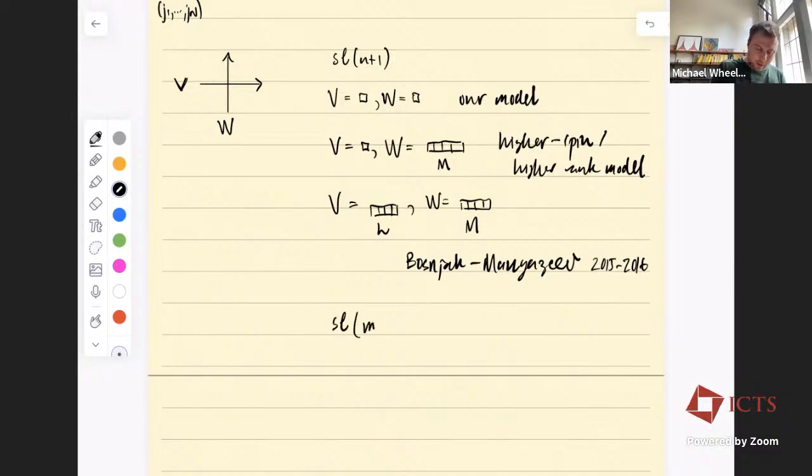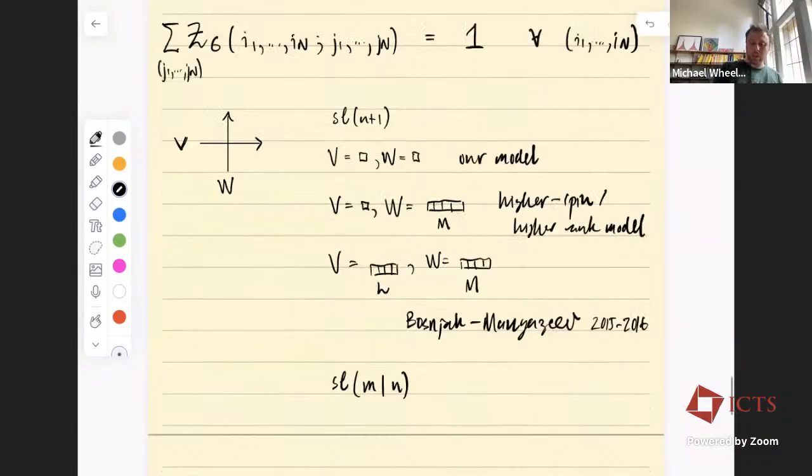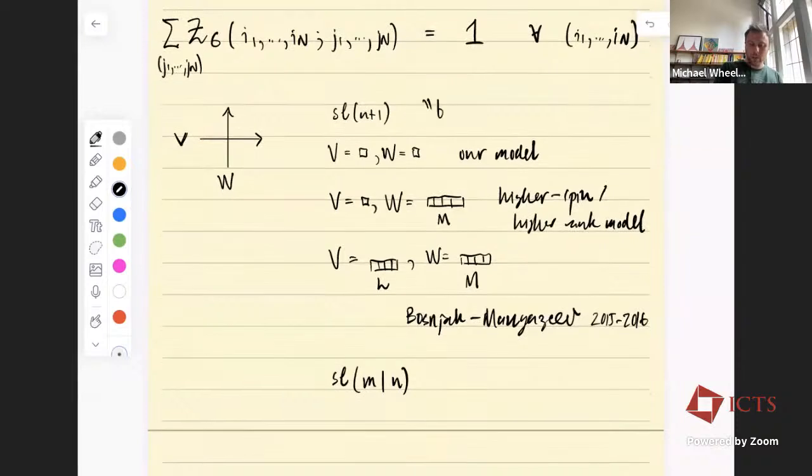So SL(M|N). So I should say these models up here, this is usually what's referred to as bosonic vertex models. The reason why they're bosonic is when you actually look at the higher spin representations, where you have stuff like this or like this, they allow you to have arbitrarily many particles at an edge.